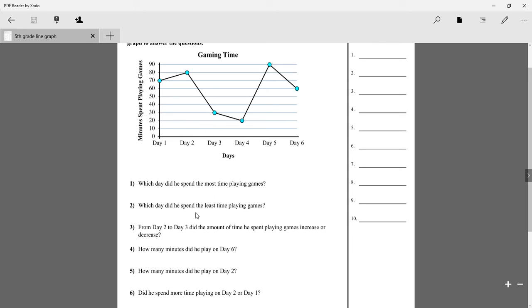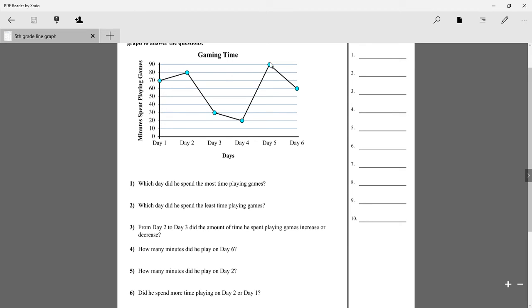Only 20 minutes. From day 2 to day 3, did the amount of time he spent playing video games increase or decrease? If we look here, when the line goes down, that means he decreased.